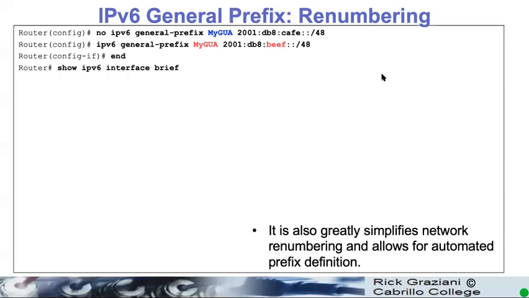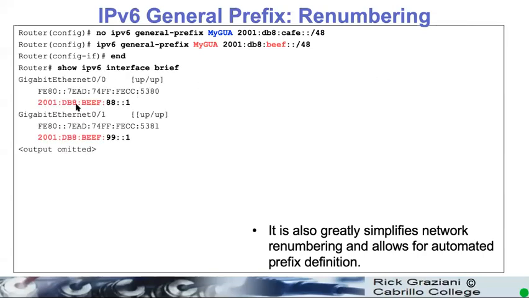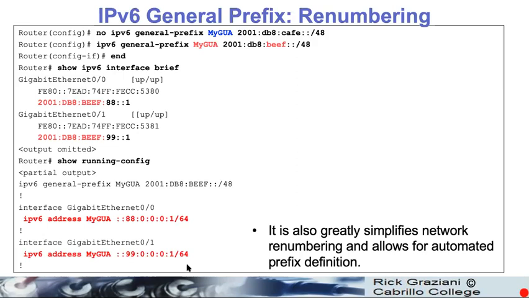Now when I do show ipv6 interface brief, instead of CAFE here, I see BEEF. Show running-config, by the way, indicates that we are using my GUA. It reminds us that that's what we're using. But as you can see, it's in this case 2001:DB8:BEEF. Just a cool little thing that helps us with renumbering if necessary.